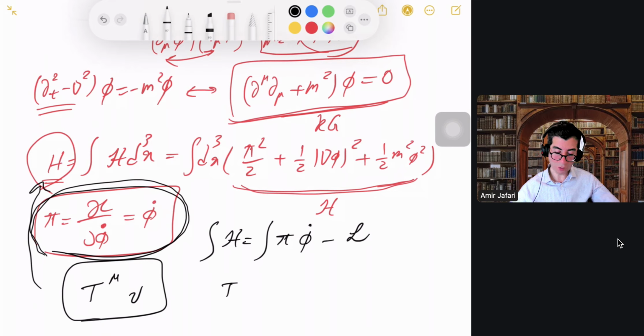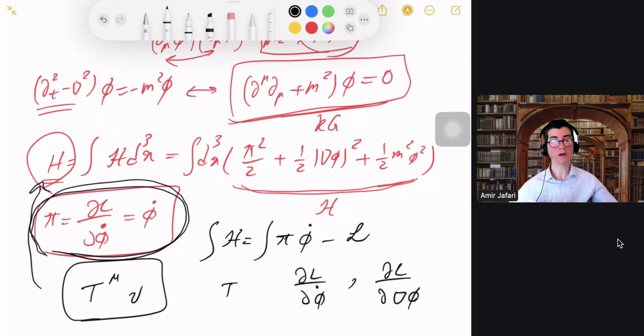Okay, so we have time derivatives dL over d phi dot, and we also have another quantity, which is the derivative of the Lagrangian density with respect to the space derivatives. So let's have a little discussion about this.